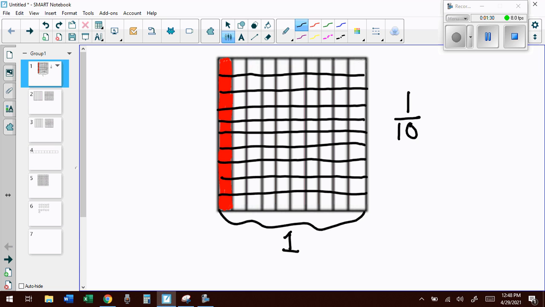So now I have a total of 100 pieces, and 1, 2, 3, 4, 5, 6, 7, 8, 9, 10 of them are shaded in, but I didn't change my shaded region. So 1/10 equals 10 100ths.